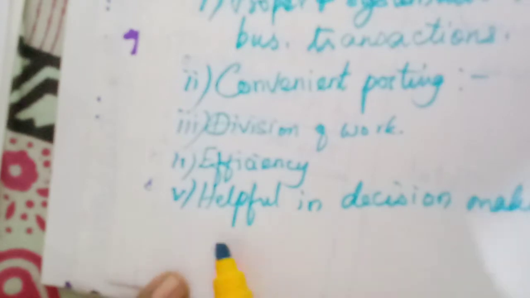So if there is more sales return, we will analyze what the reasons are, and the management can take effective decisions in order to reduce the sales returns, increase the total volume of sales, and increase the profit. So preparing subsidiary books helps the management to take effective decisions at the proper time.